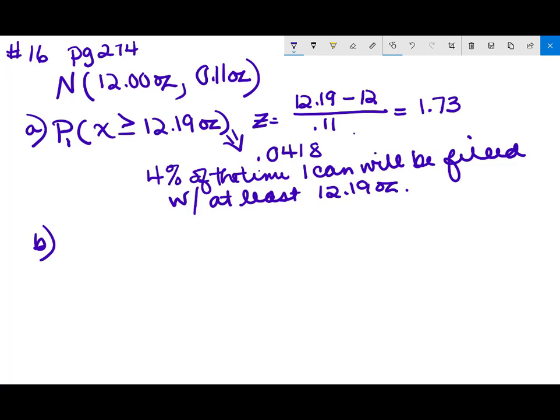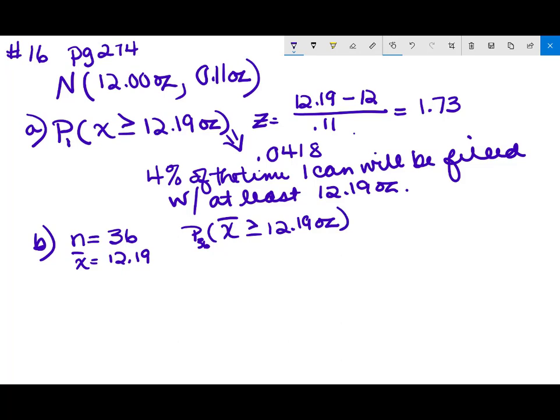Let's do 36 cans. Now the number in our sample is 36, and they tell us that the mean of this sample is 12.19. So let's find the probability that the mean of 36 cans is going to be greater than or equal to 12.19 ounces.